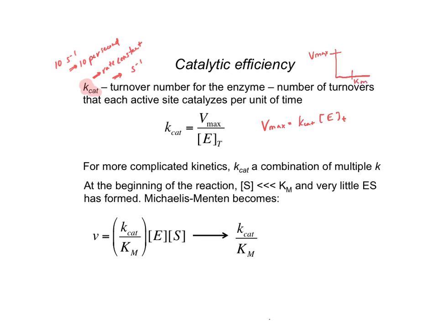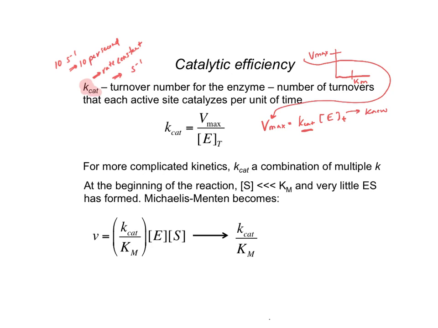And again, we'll talk about how you are going to determine that in a second. But we don't really talk about how you get Kcat. Well, the big idea behind this is that if you can determine Vmax and you know total enzyme, which you should know, then you could determine Kcat from that. So how do you get Kcat? Well, you need Vmax and you need total enzyme.